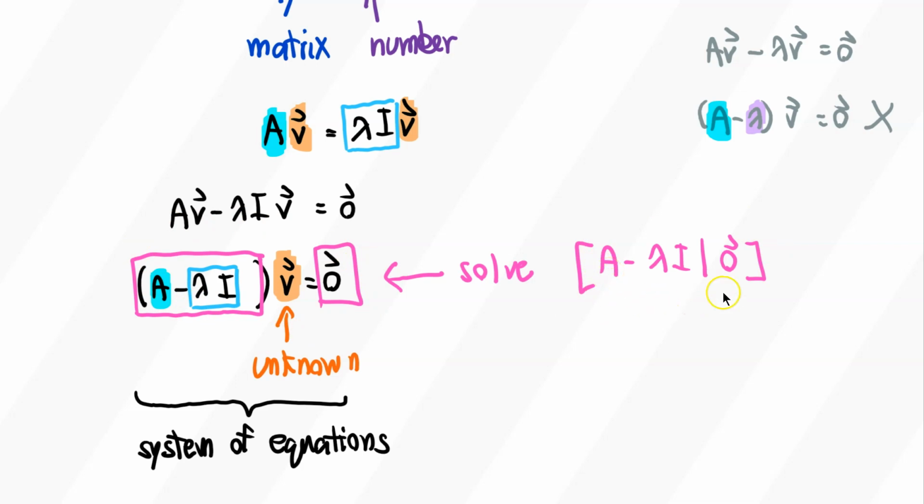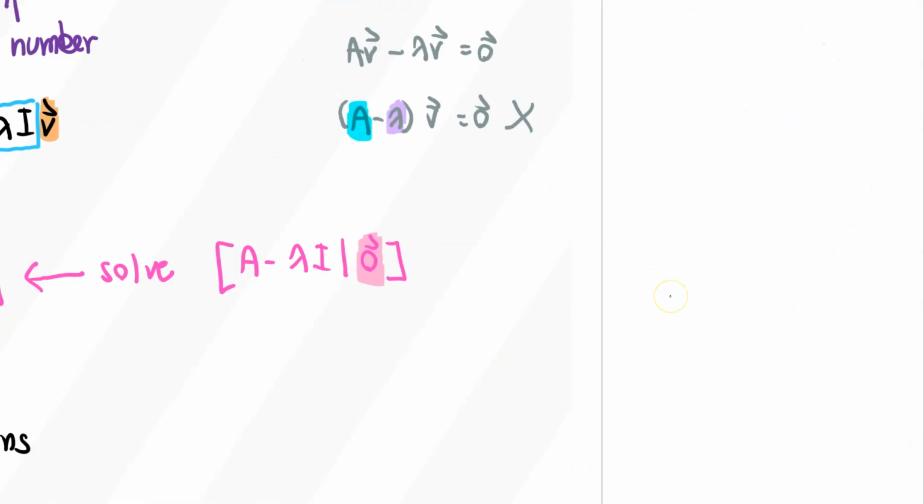However, note that this system always has a solution because the right hand side is 0. So I can always have a 0 solution. However, I don't want my vector V to be 0 because an eigenvector cannot be 0. So I don't want to just solve it. I want to solve for a non-zero solution.